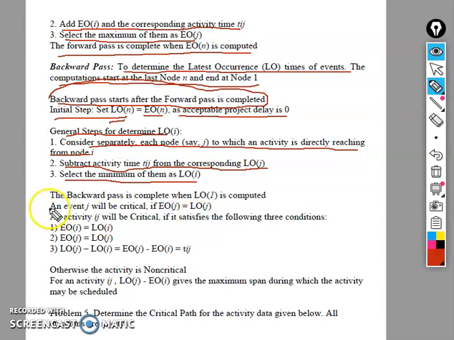Clear? And another very important point is that the backward pass is completed when LO is completed.